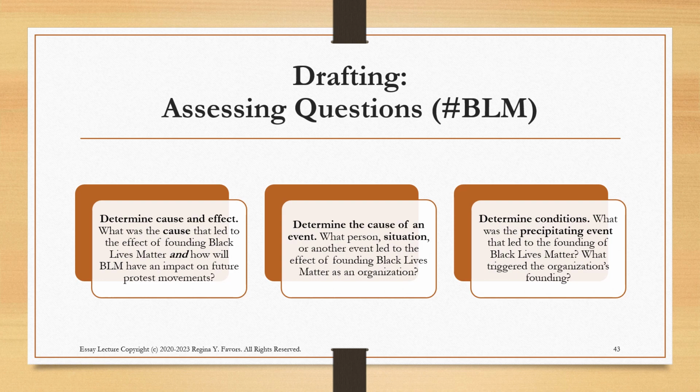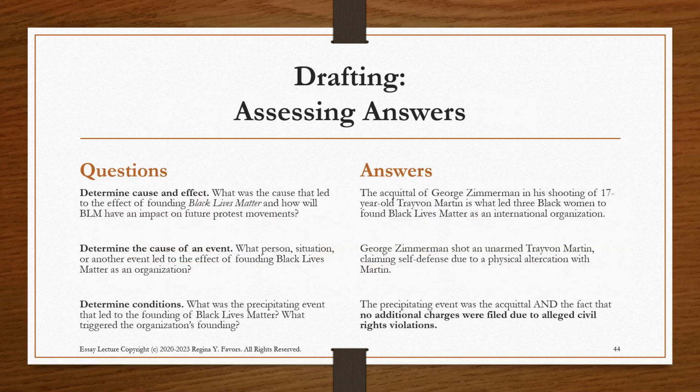And then conditions. What was the precipitating event that led to the founding of Black Lives Matter? What triggered the organization's founding? So this is just three different ways to figure out what was the cause effect, what was maybe a person or situation, and then what was the precipitating event.